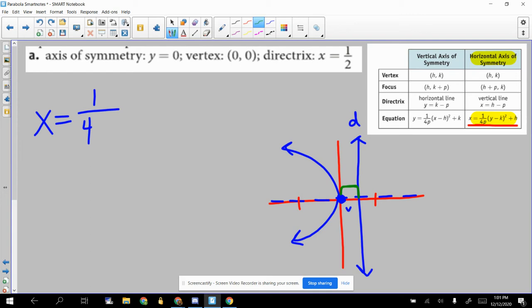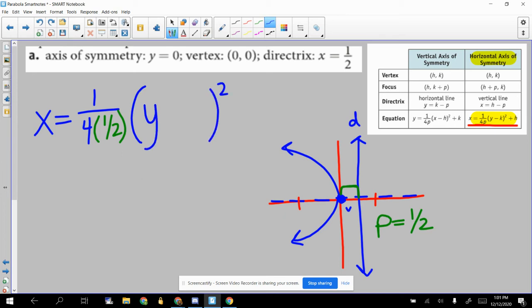So this distance is from 0, 0 to 1/2, so your p is 1/2. Okay, so we're going to plug that in, and I know it's a little bit weird here, but we're going to plug that in. Okay, then be careful here because since we already used the x, y is what's going to be here.